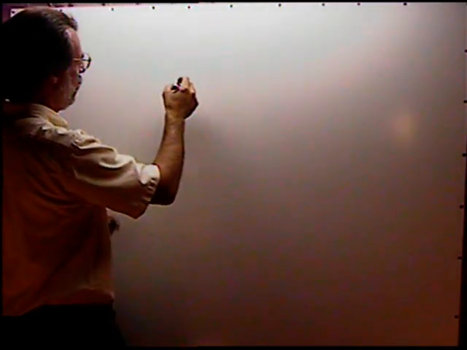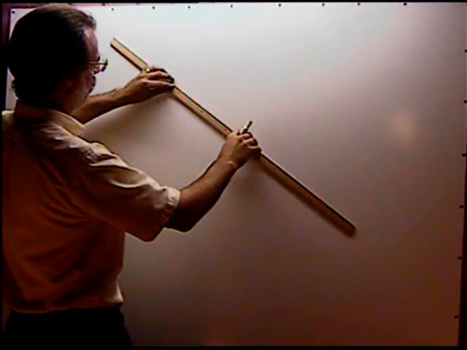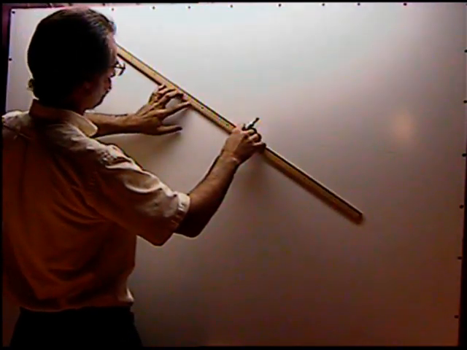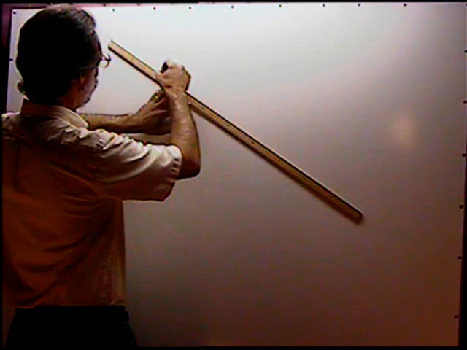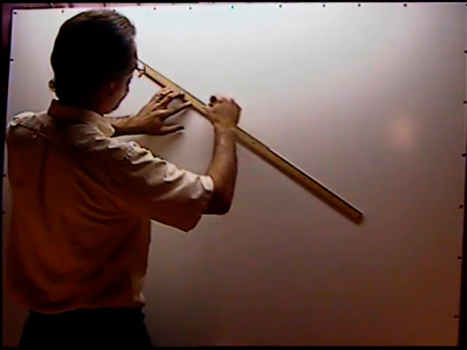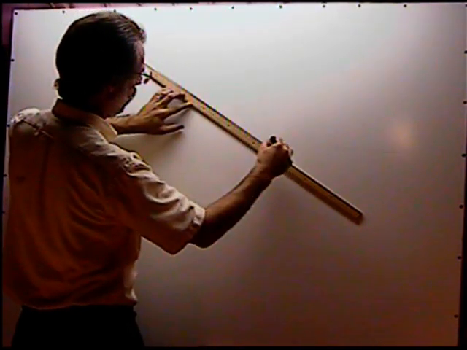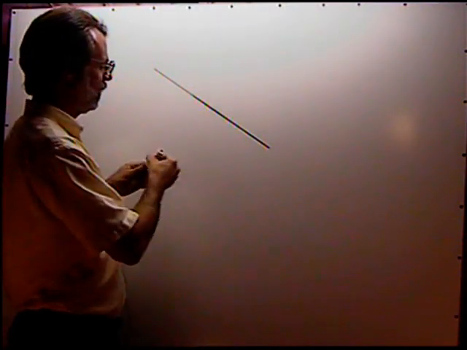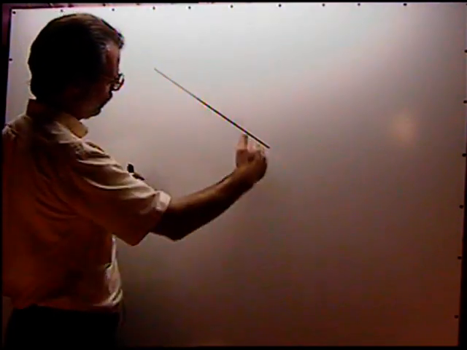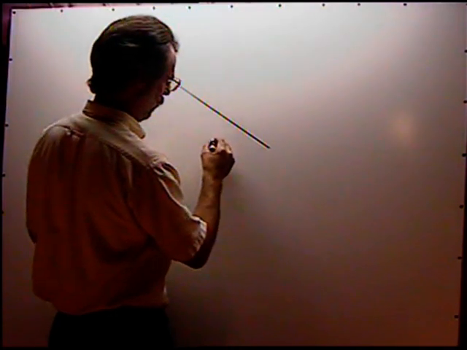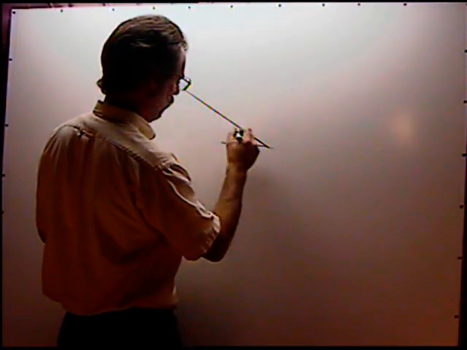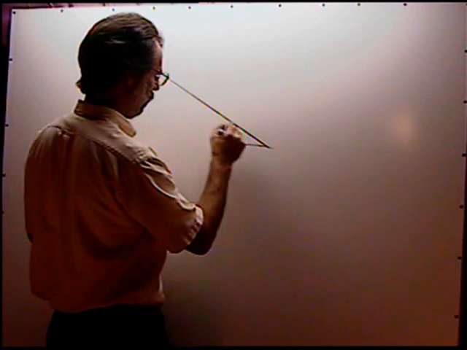Okay, if we have an inclined plane, basically it's like we have a piece of wood, like a 2x4. And we put a block on here, and this 2x4 is at an angle, some angle theta.